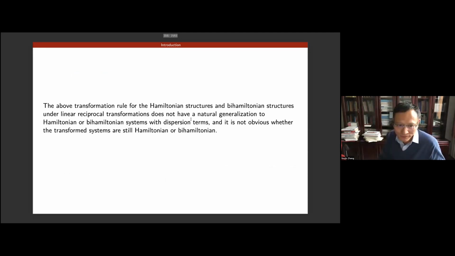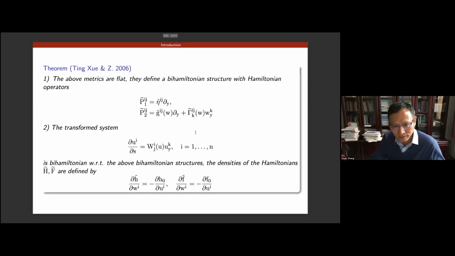This seems not to be simple because in the case of hydrodynamic bihamiltonian systems, we construct explicitly the bihamiltonian structure for the transformed system.